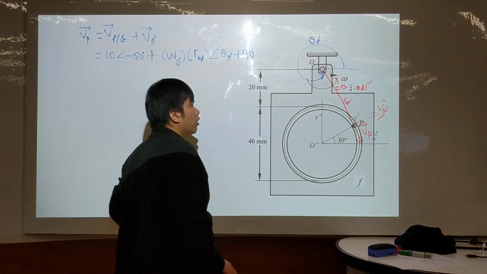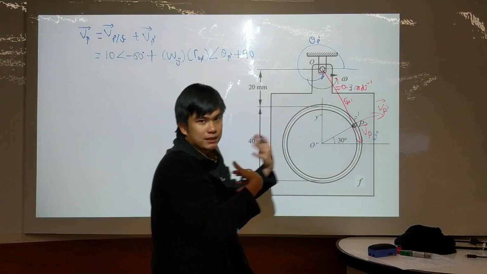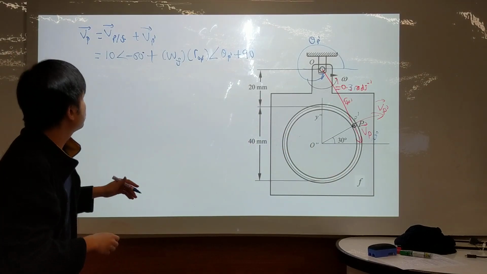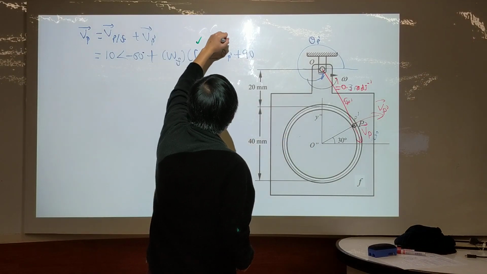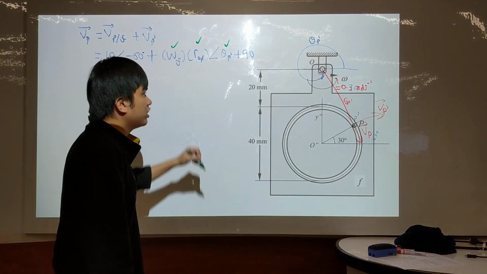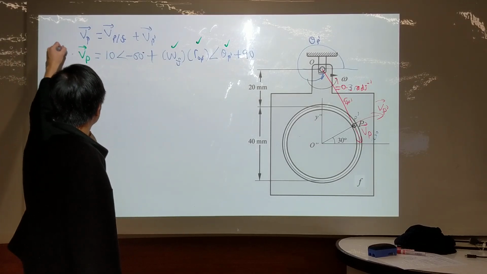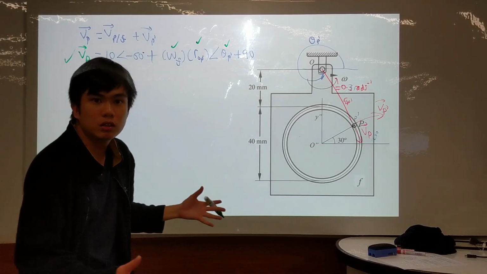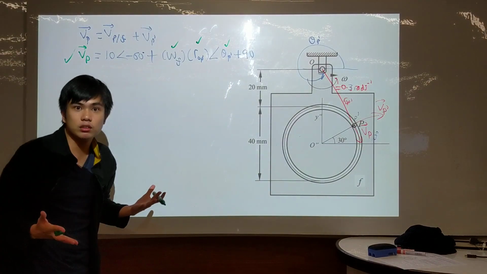Why is it plus 90? Because P prime is going in counterclockwise direction. So the velocity is definitely plus 90. That's all. So in other words, through geometrical analysis, we can find R O P prime, we can find theta P prime, omega F is given in the question, we solve for Vp. Simple as that. By just adding these two things together, and you must substitute the values in, definitely.